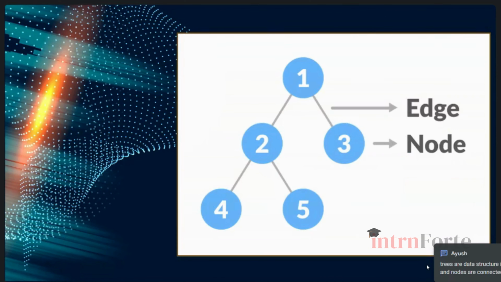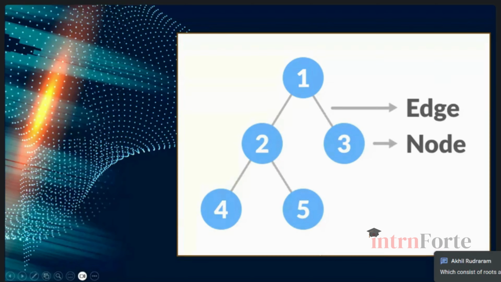Okay, so this is what a tree looks like. A tree is basically a graph. Now, if you have done data structures or computer science before, you might be familiar with graphs. So there is a graph data structure, and a tree is a type of graph data structure that is connected and acyclic. So what does that mean?